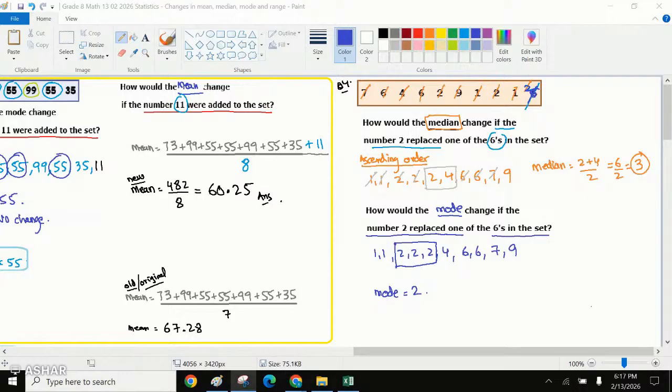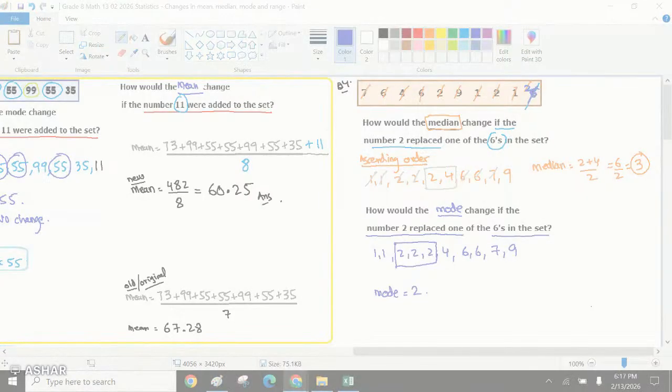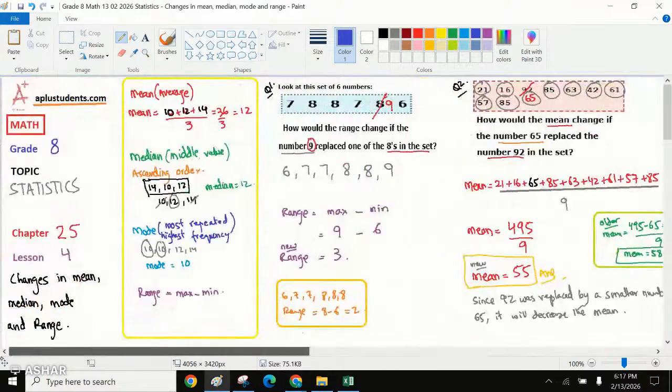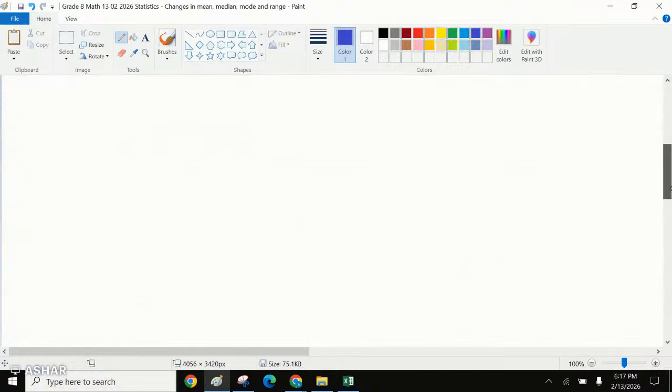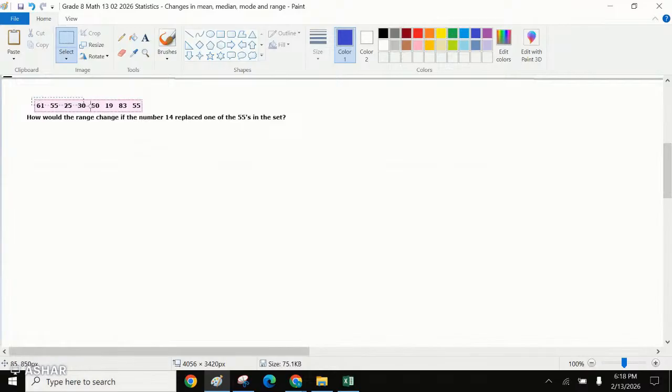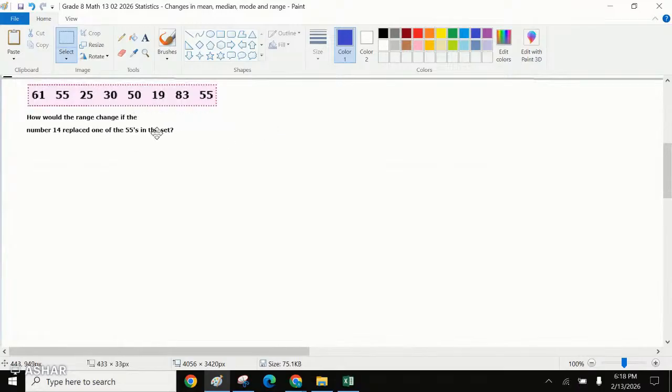So question number 5, we would consider the given set of 8 numbers. Okay. If we have 8 numbers, these are the given 8 numbers, how would the range change if the number 14 replaced one of the 55s?